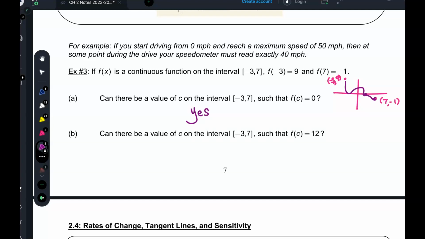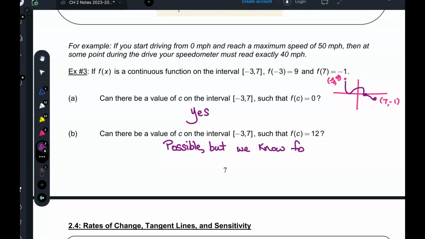Alternatively, can there be a value such that f of c equals 12? Are we guaranteed? No. We don't know. It's possible, but we can't know for sure.